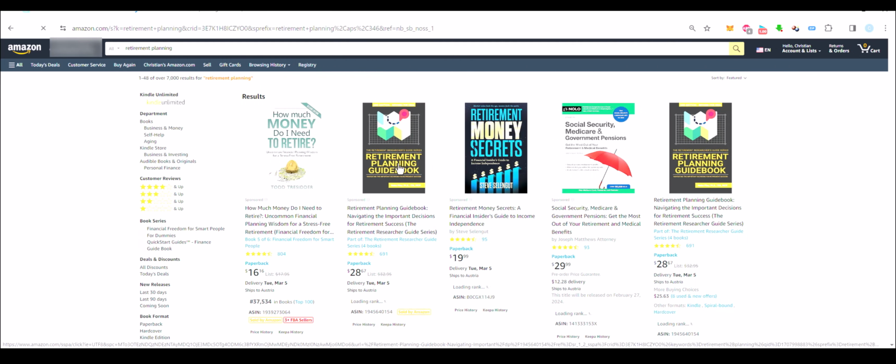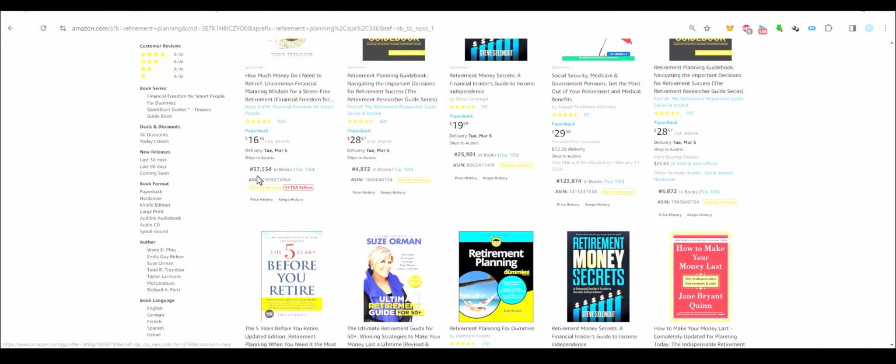Okay, good. We can already see, because I'm also using a browser plugin, that all of those books are really well ranked, with a really low BSR.